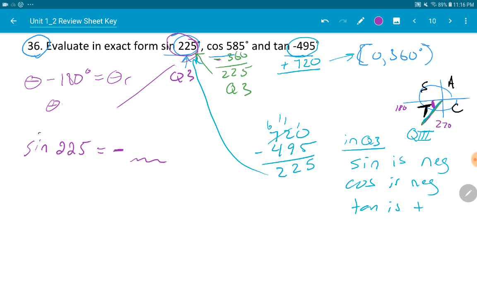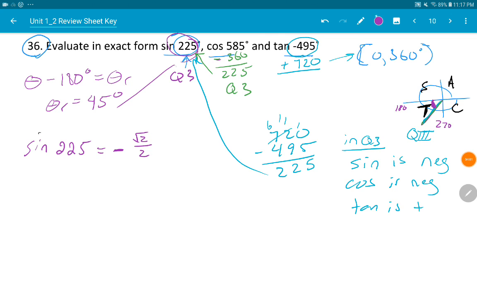So the reference angle here equals 225 minus 180, 45 degrees. So that little guy is 45 degrees, and I know the sine of 45 degrees is radical 2 over 2.